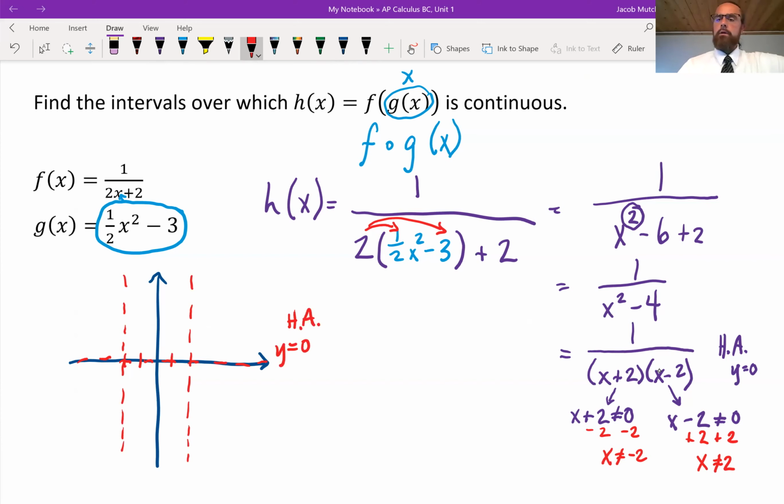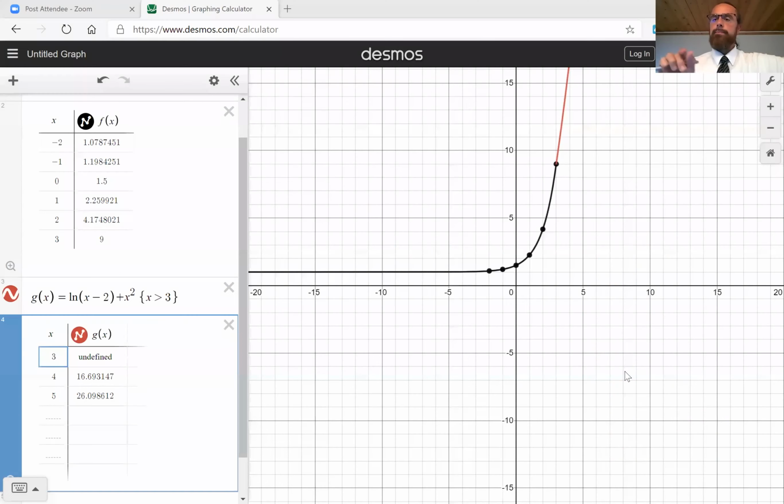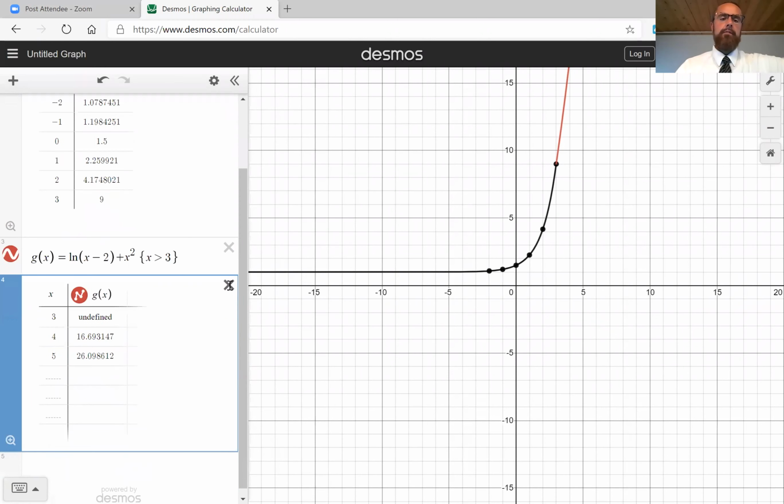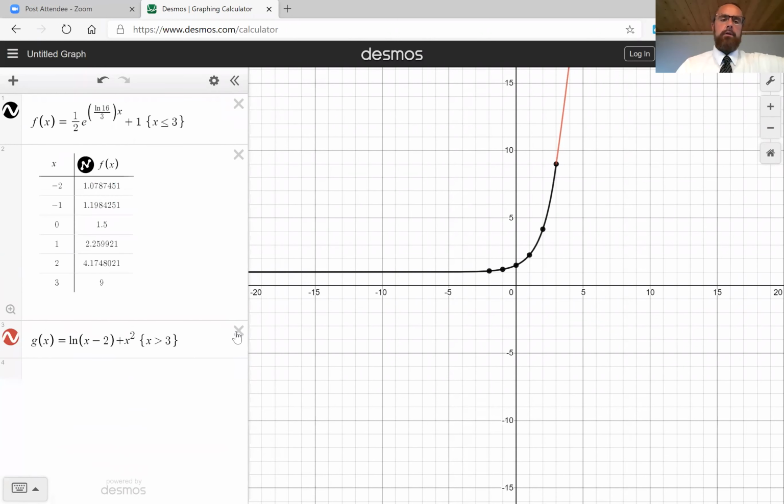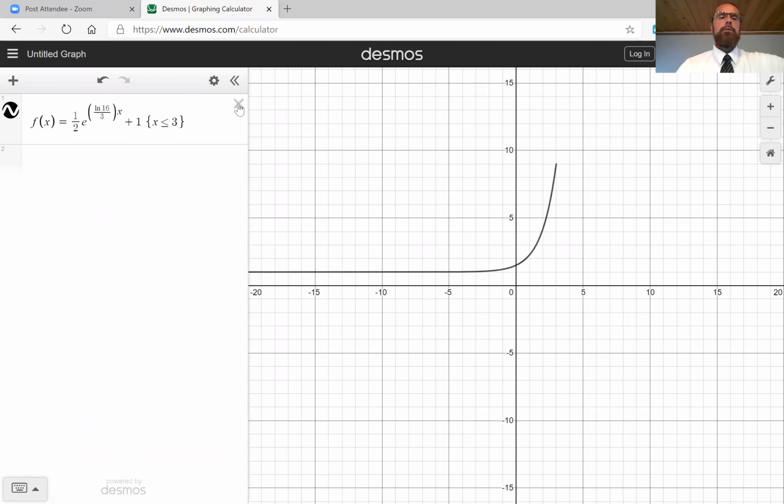Now, I could create a table with this, but I'm going to select the calculator tool, and I'm just going to take the simplified version of h of x, 1 over x squared minus 4, and I just want to look on Desmos and make sure that there's actually pieces of the graph in each of those three partitions of the x-axis. So I'm just clearing out the work from our previous question.